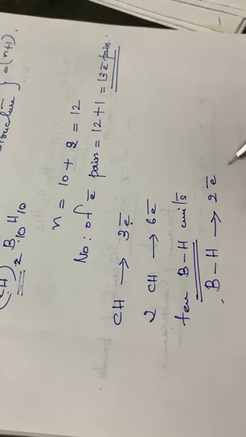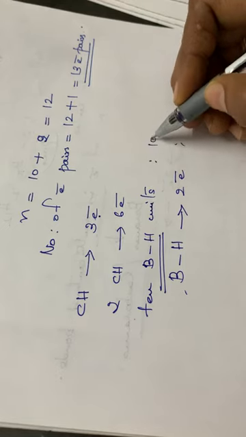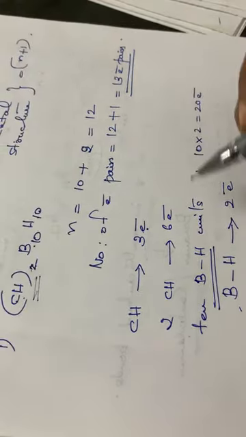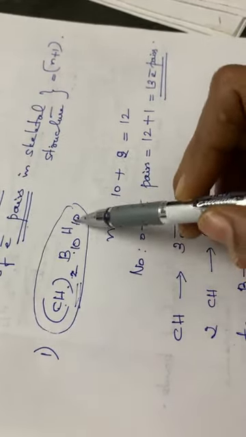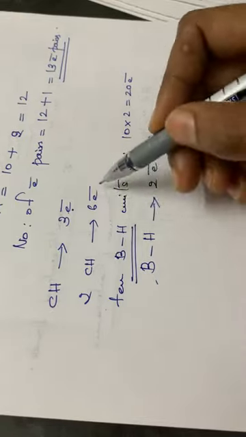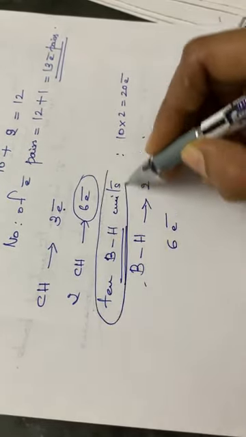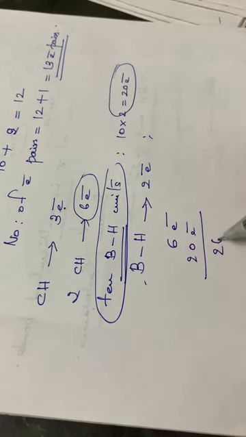So 10 BH units means 10 into 2, that is 20 electrons. So in total we can say that 2 CH units contribute 6 electrons and 10 BH units contribute 20 electrons. So in total there will be 26 electrons.